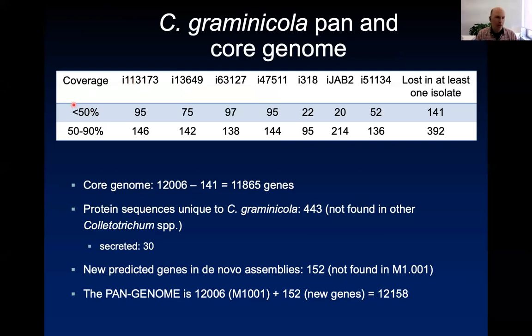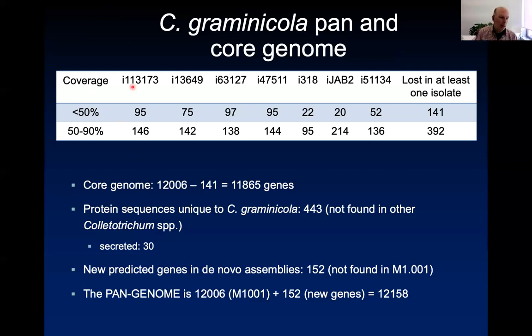That 50% value is sort of arbitrary. So we include here in this line in the table those that have between 50 and 90% of the gene covered. So with this, we can identify which genes were lost in the different isolates. And for the reads that did not align to the reference genome, for this isolate, for example, we performed a de novo assembly of those.